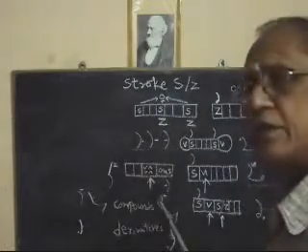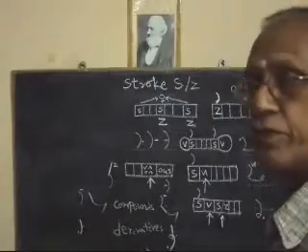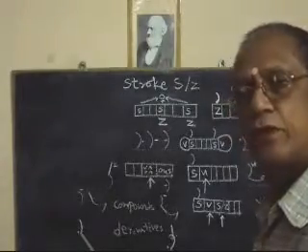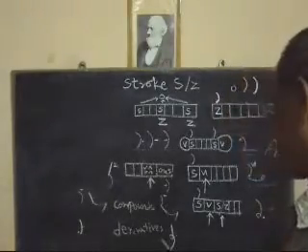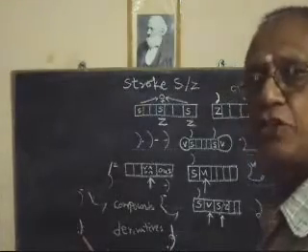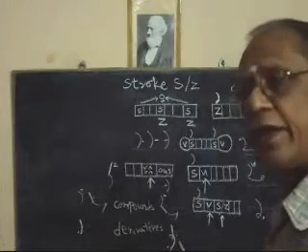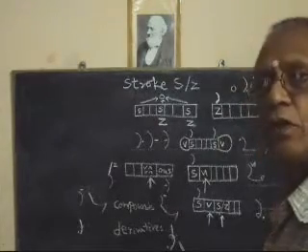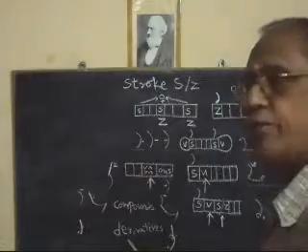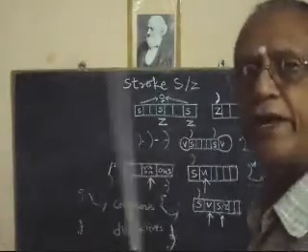Therefore, the stroke S is retained and don't use the circle. Similarly, derivatives. This is the root word. So from this, the seed is derived. In the root word, Z is used. So in the derivative, retain that Z. In compounds and derivatives, the stroke form of S or Z should be retained.